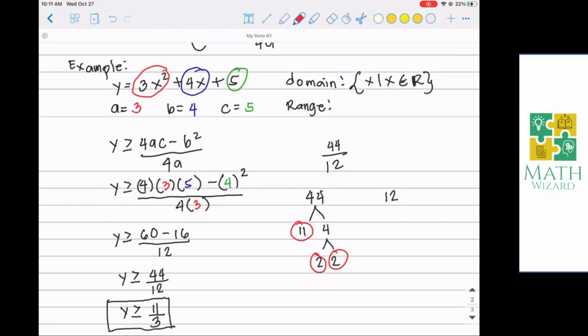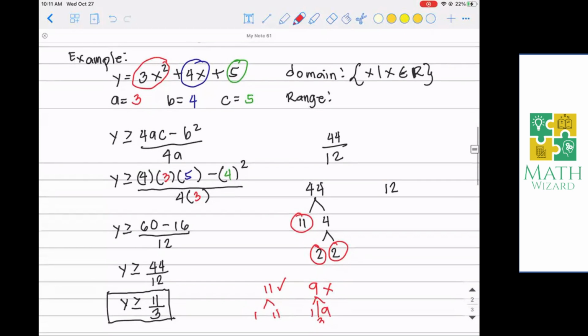Prime numbers are different from odd numbers. An example of a prime number is 11. 9 is not a prime number. Why? 11 has just 1 and itself. 9 has 1, 9, and can also be divided by 3. That's more than 2 factors, so 9 is not a prime number.